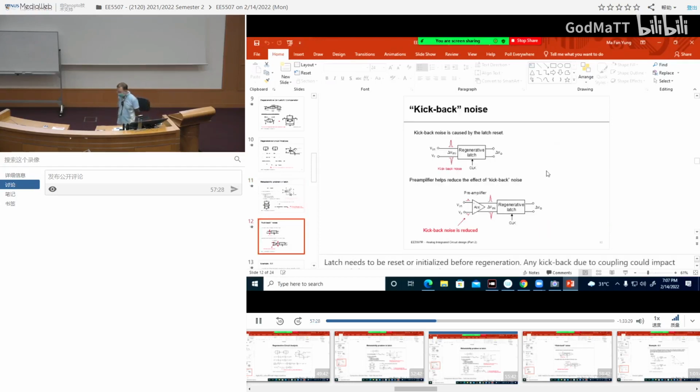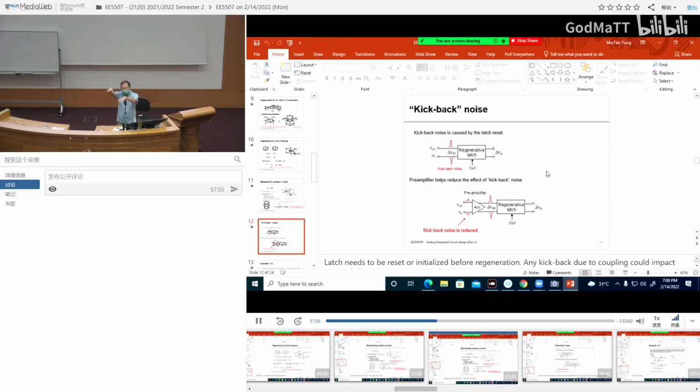The other interesting thing about this positive feedback circuit is that there's something called kickback. What is this kickback? The kickback basically is because the output is being snapped by positive feedback into a very fast kind of exponential transition.